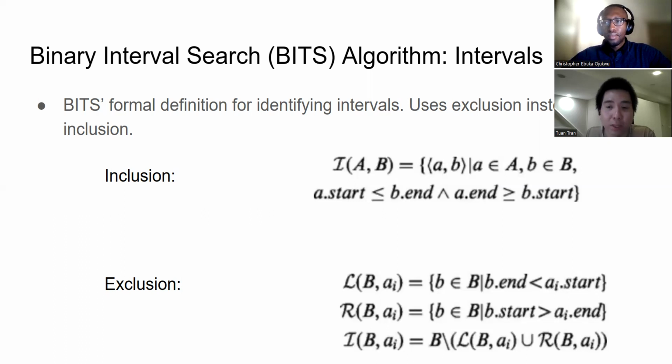And then the interval set I is simply B excluding L and R. Because we can quickly count the number of intervals in sets L and R, we can count the number of intersecting intervals in I a lot faster, resulting in n log n time complexity.